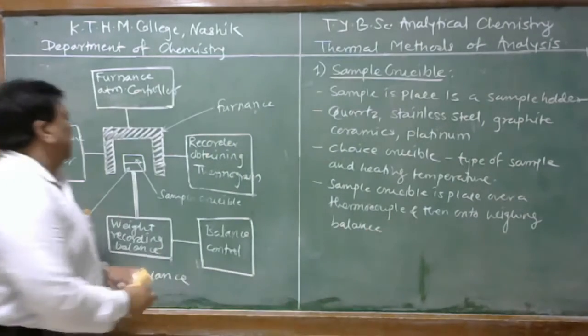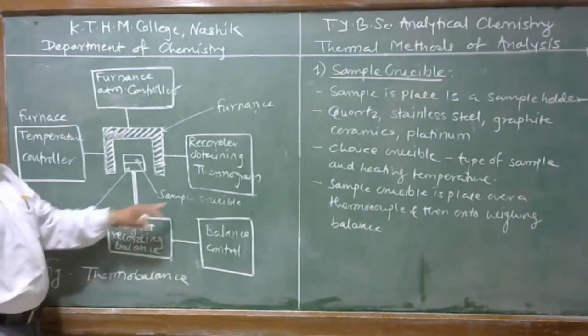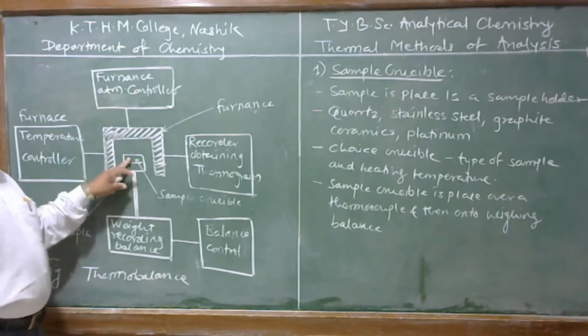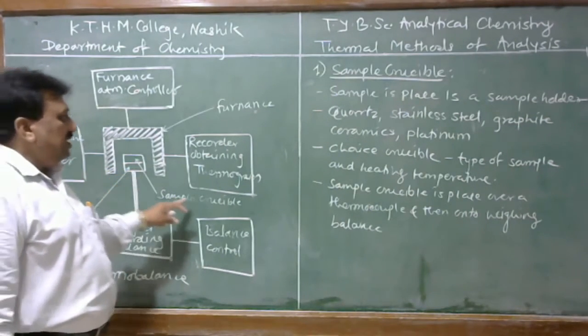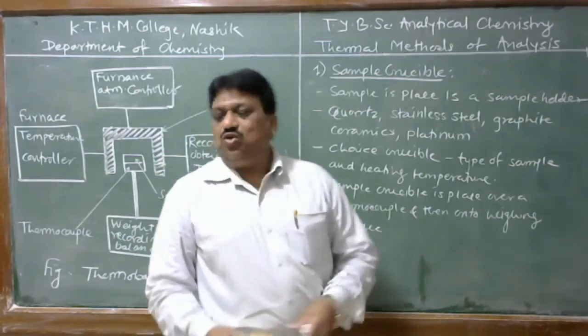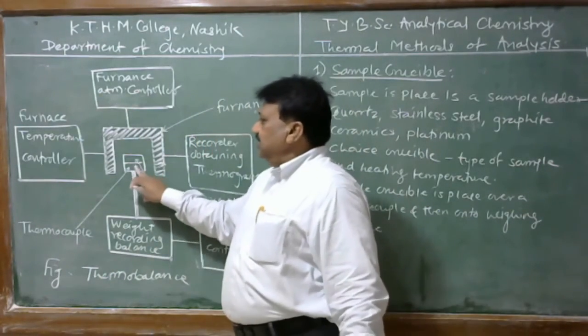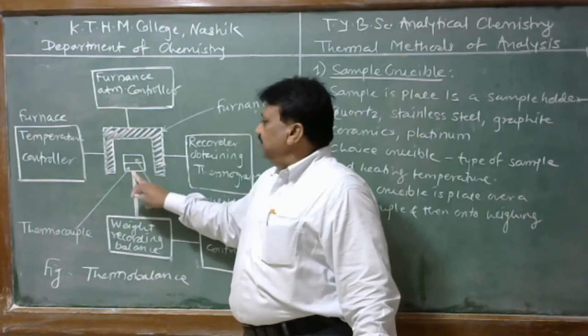Here, this compartment is the sample crucible. This sample crucible is placed over the thermocouple, which controls the temperature of this sample crucible.